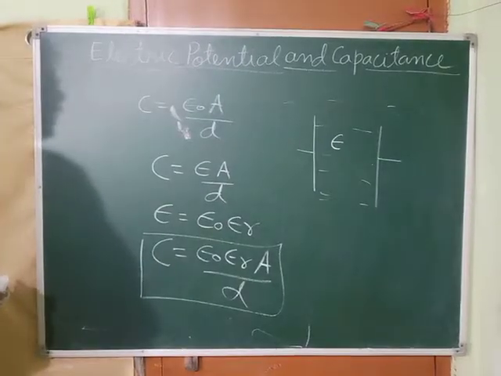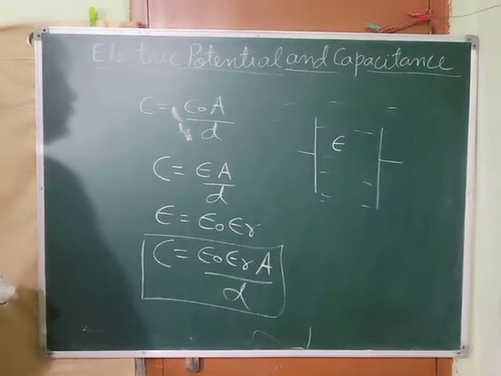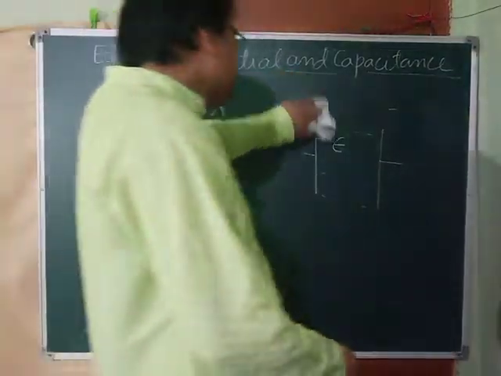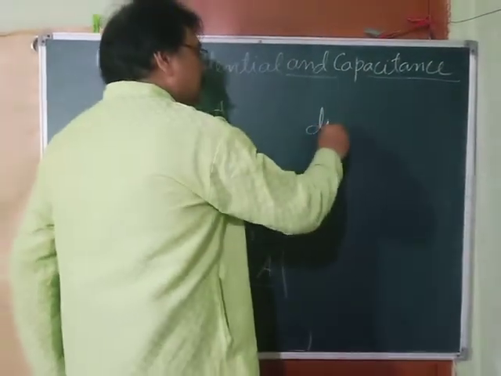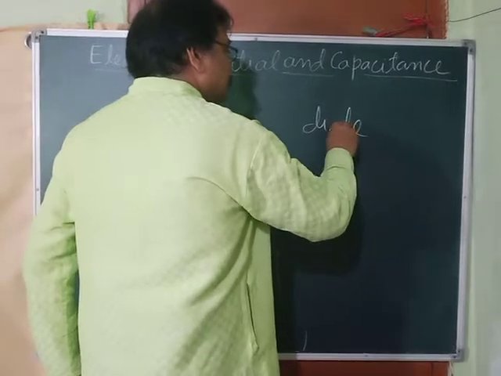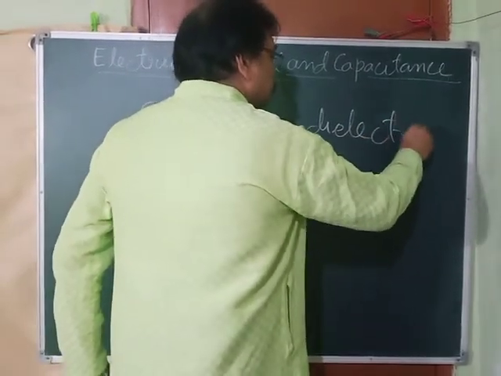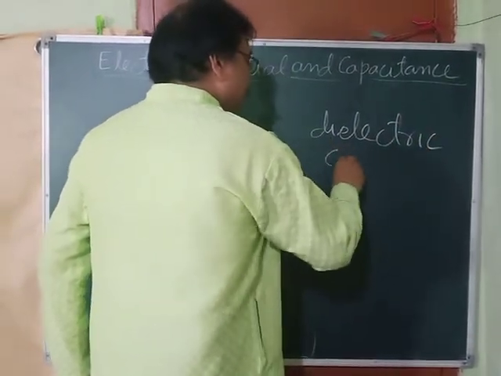See, this epsilon r, the relative permittivity of the medium between the plates, is also known as the dielectric constant.